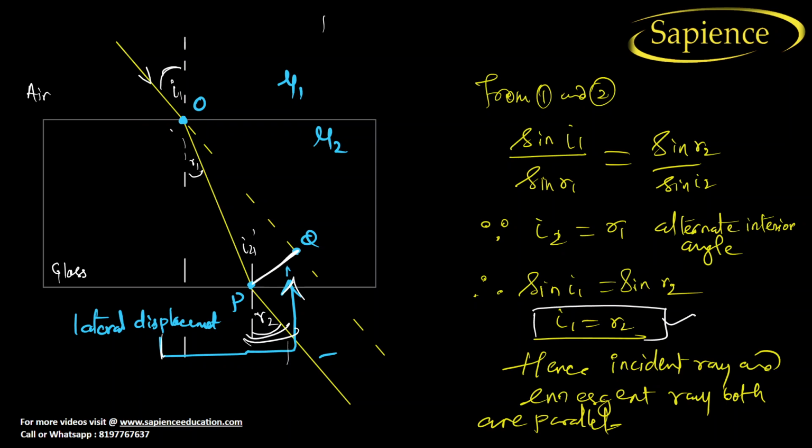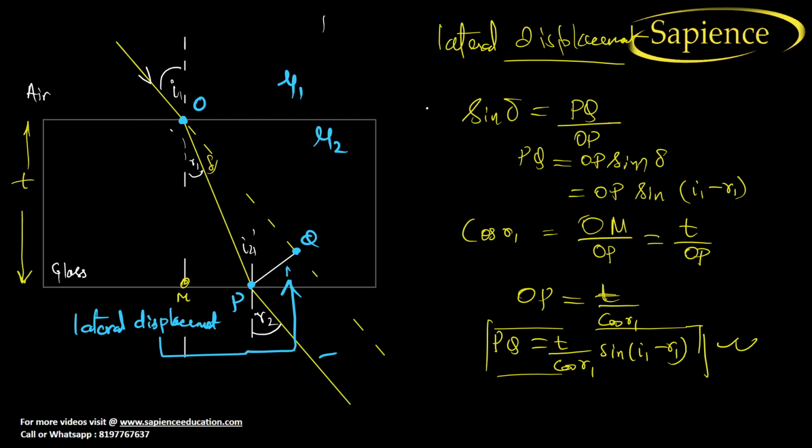Now we need to find this length PQ, which is known as lateral shift. How will you find lateral shift? From this triangle, sine delta is equal to PQ divided by OP, perpendicular by hypotenuse.